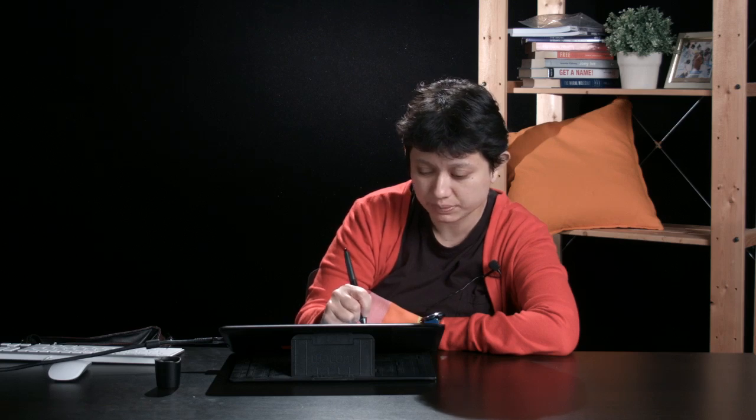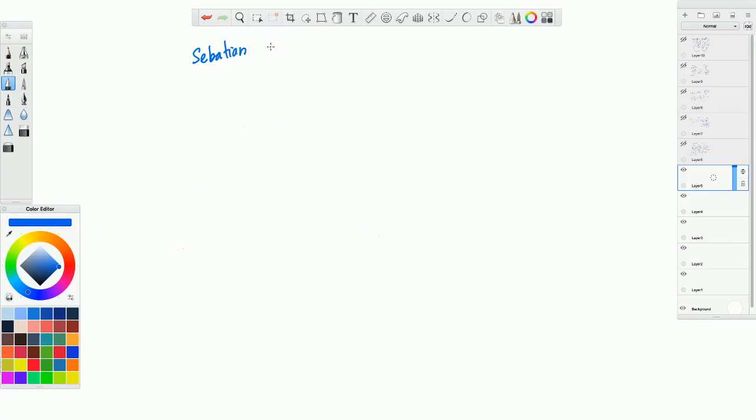So let's talk about bagaimana membentuk sebatian ionik. Ionic compounds. Ionic compounds must be made from metal, logam, contohnya natrium, and non-metal, bukan logam.